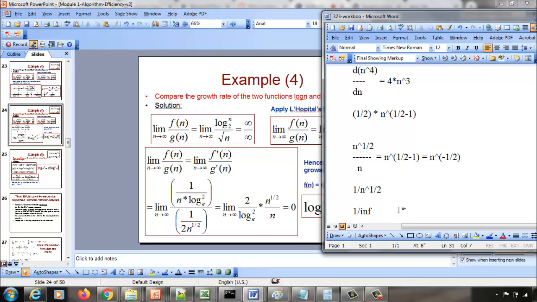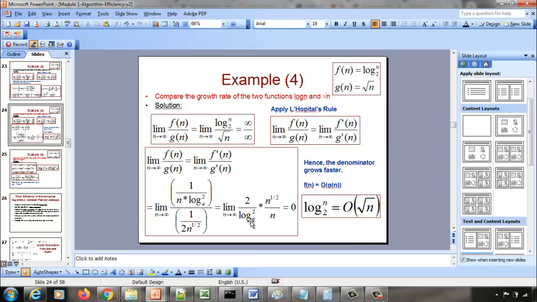I put in INF for infinity, so 1 over infinity is 0. So it's going to be 2 over log 2 to the base e times 0. So this n term will evaluate to 0. So the whole thing is 0.